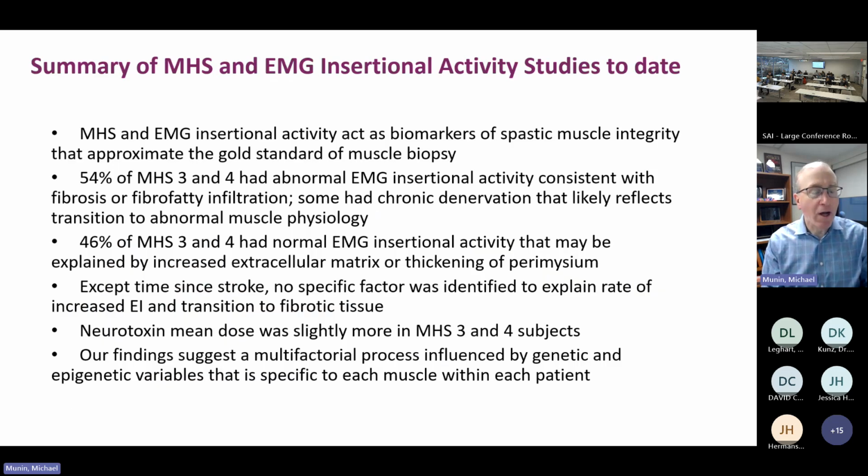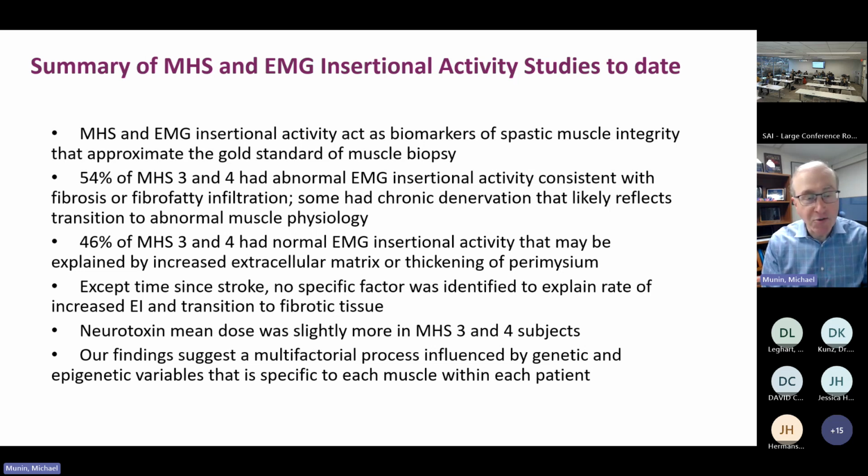Okay, so I'll just quickly summarize what we had found with this most recent study. The MHS and EMG insertion activity combined really can act as biomarkers of spastic muscle integrity. And it almost approximates what you can learn from a muscle biopsy.